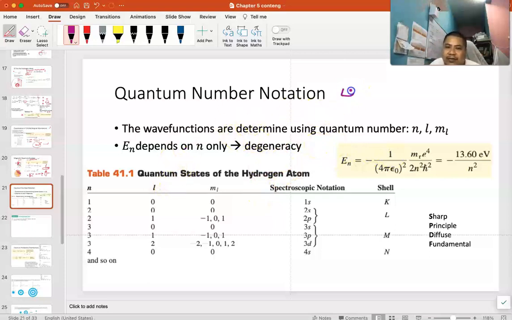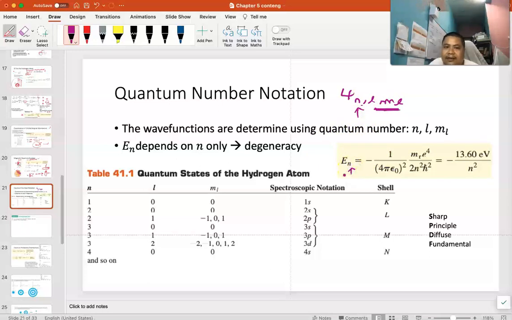So wave function kita tu mesti ada dalam N, L dan ML. Sebelum ni kita ada N je. Sekarang kita kena consider 2 lagi quantum number. However, walaupun NLM ni berbeza, energy dia tetap hanya depend kepada N.